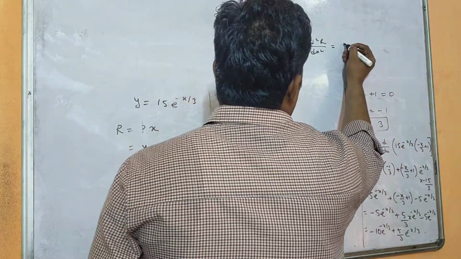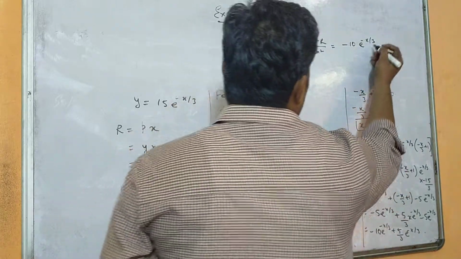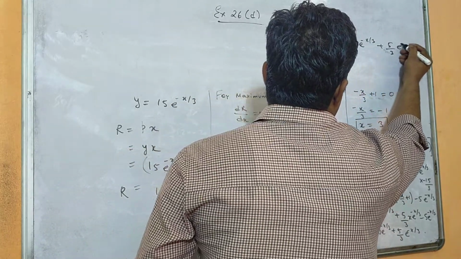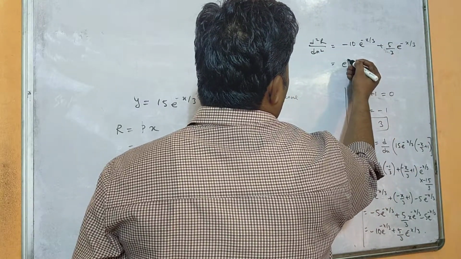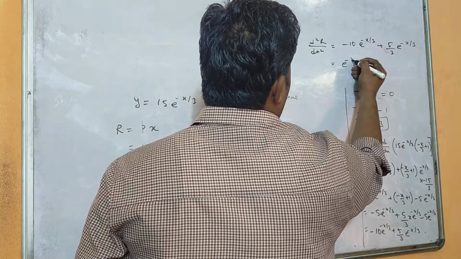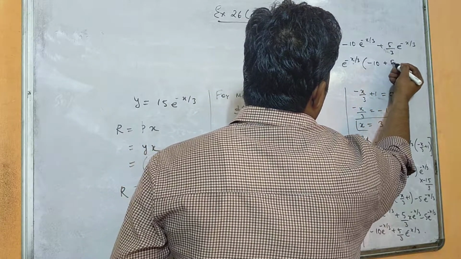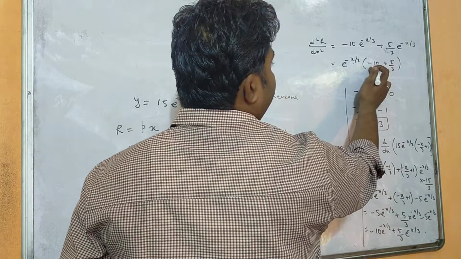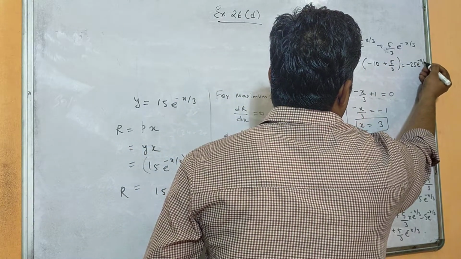What we got here? Minus 10 e to the power minus x by 3 plus 5 by 3 e to the power minus x by 3, right? So e to the power minus x by 3, if we take common, then what you will get is minus 10 plus 5 by 3, that is minus 30 plus 5, that means minus 25 by 3 e to the power minus x by 3.